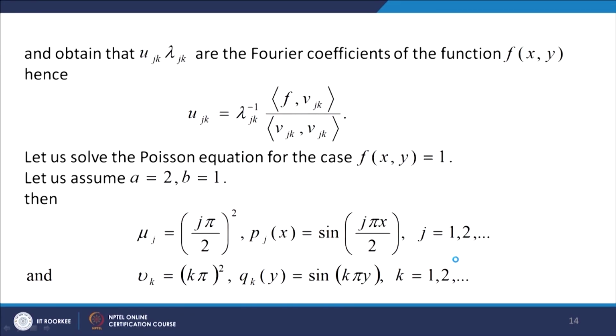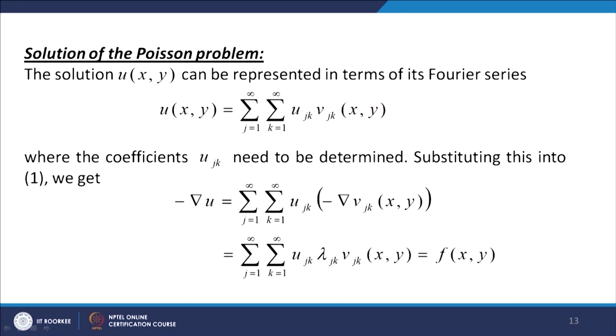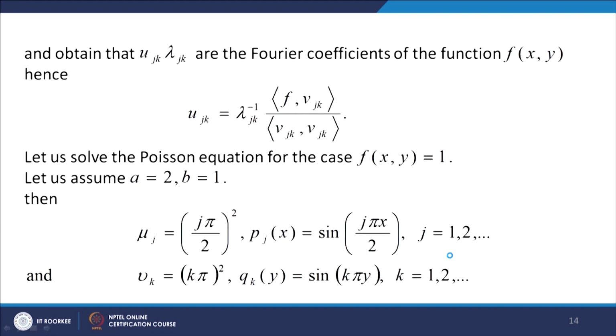Now u_jk lambda_jk are the Fourier coefficients of the function f(x,y), and therefore are given by the quotient of the inner product of f with b_jk over the inner product of b_jk with b_jk. So u_jk can be determined as lambda_jk inverse into this.